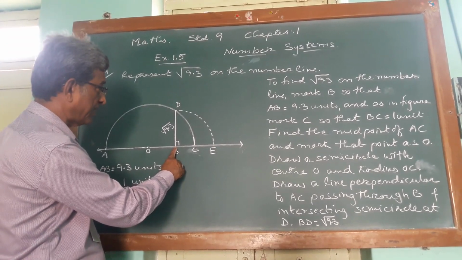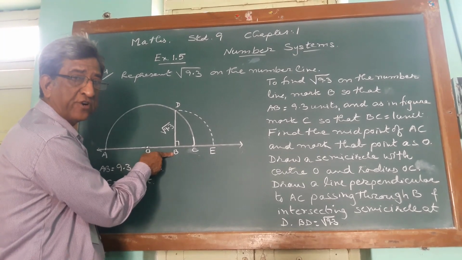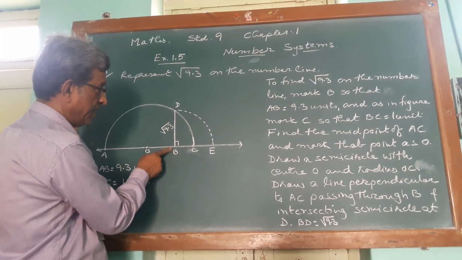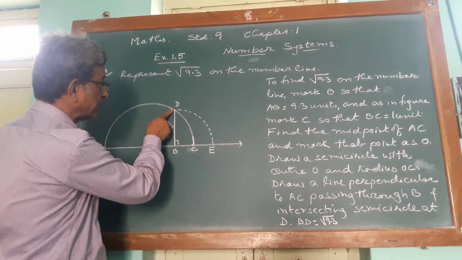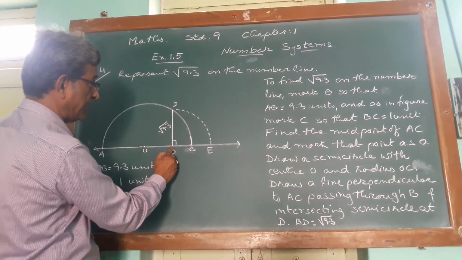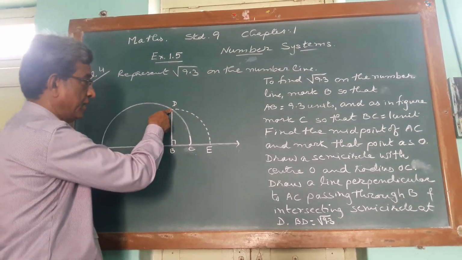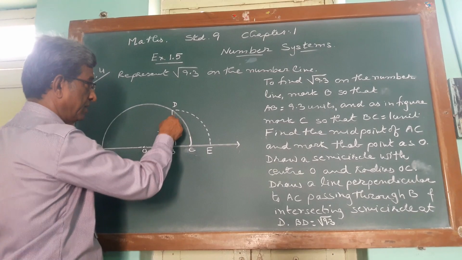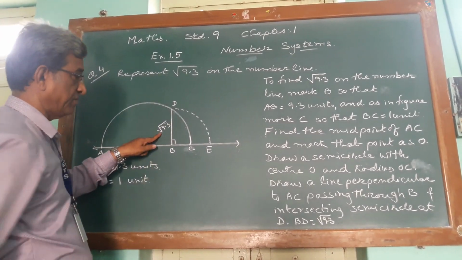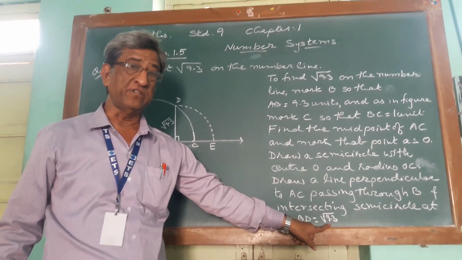Let that line intersect the semicircle at D. This perpendicular line from B intersects the semicircle at D. So this BD will represent root 9.3. So BD is equal to root 9.3.